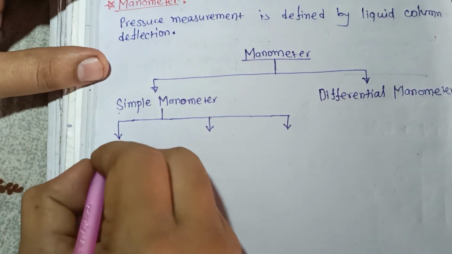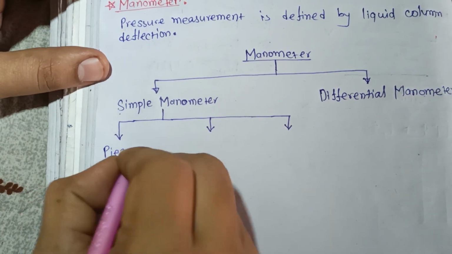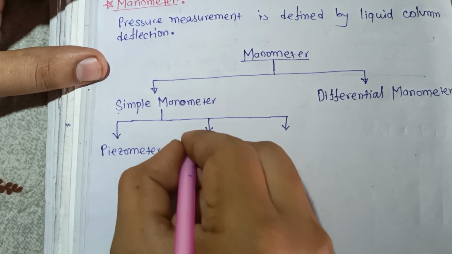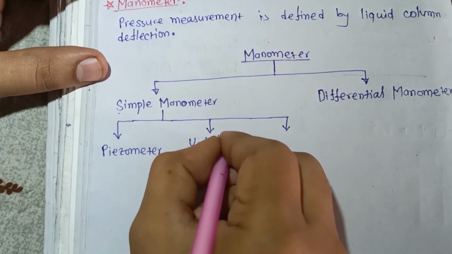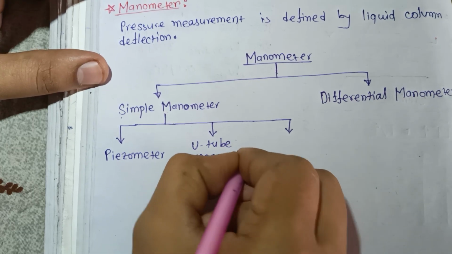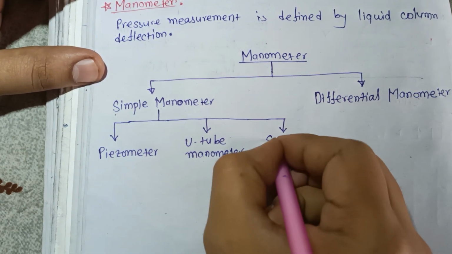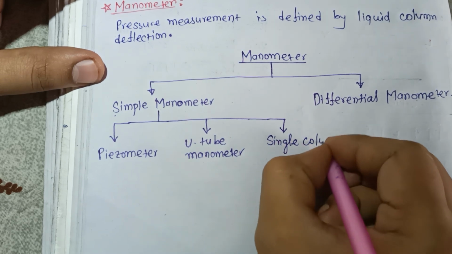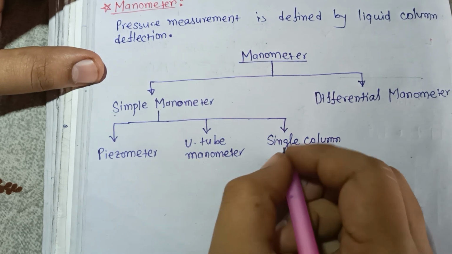One is the piezometer, second is the U-tube manometer, and third is the single column manometer.